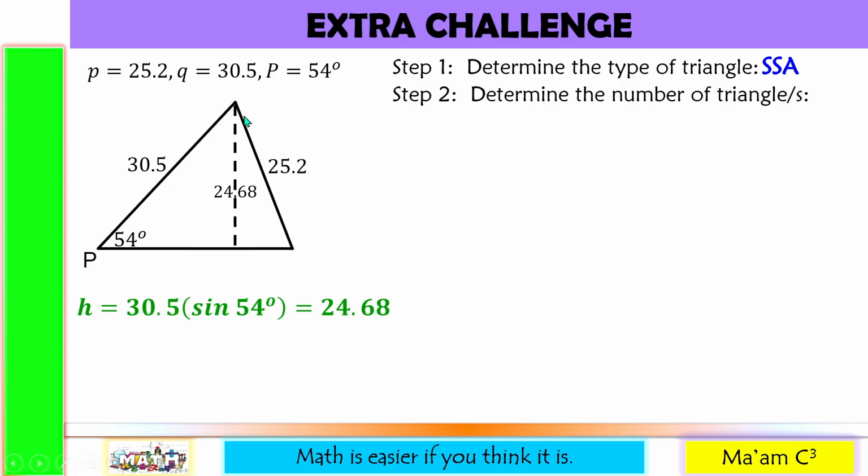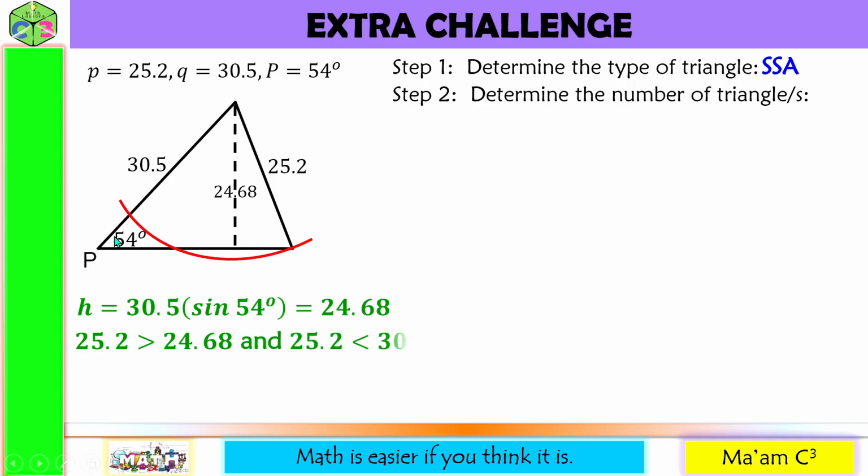Let us analyze. The side opposite the given angle is longer than the height, but shorter than the other side given. So in this case, we have intersection in this area. So let me label this as Q1 while this one is Q2. From here, I can form another triangle.